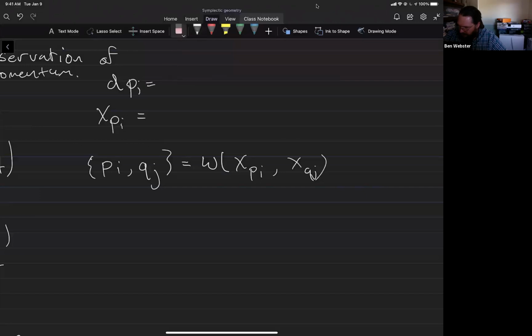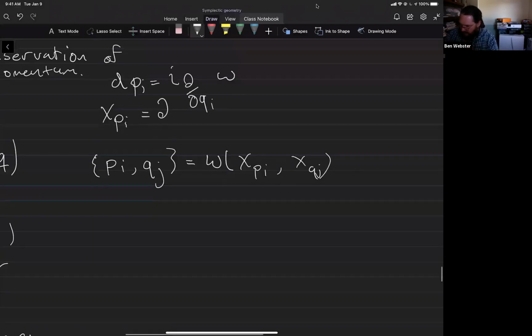So this is dd qi omega. So this is dd qi. And x qi, I'm going to get what you would expect, but with a minus sign, dd pi.